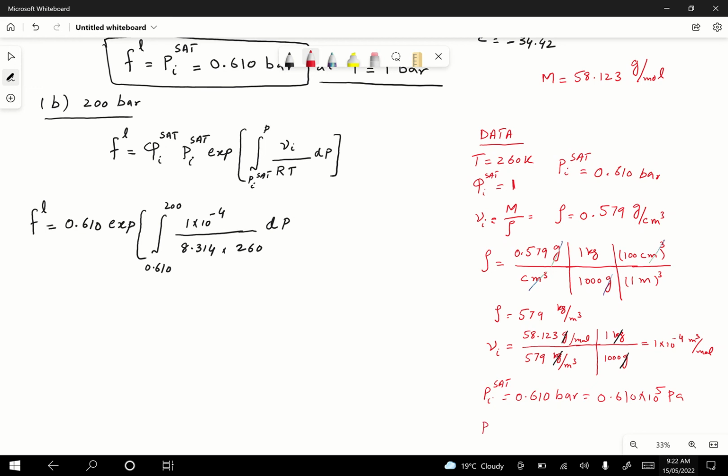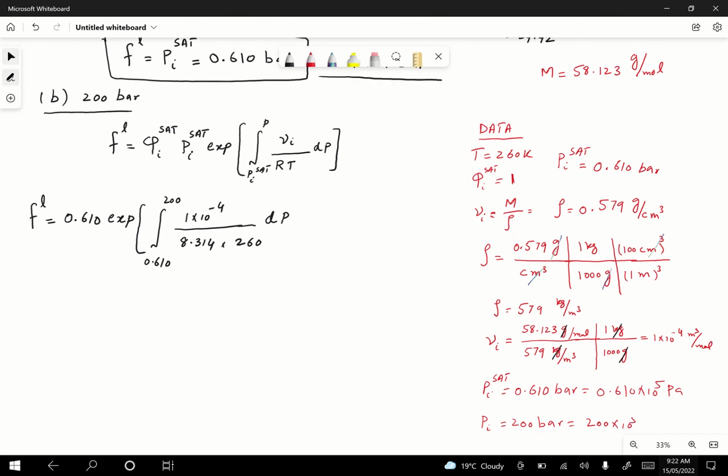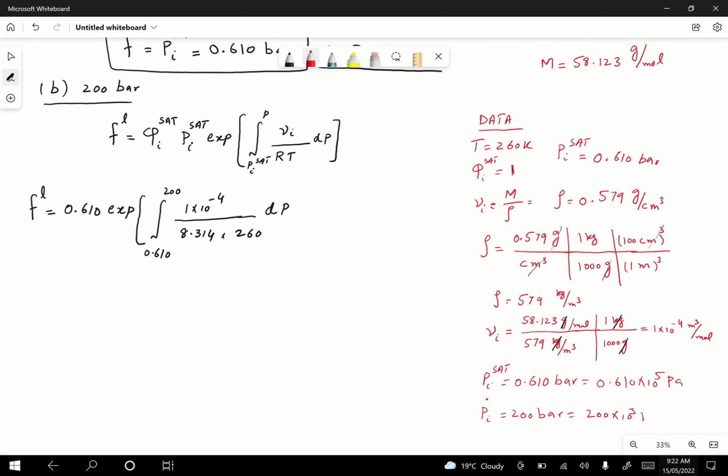And similarly, this pressure, 200 bar, is equal to 200 multiplied by 10 to raise power 5 Pascal, because 1 bar is equal to 10 to raise power 5 Pascal. Because this pressure is in bar, and at the bottom we have kilojoule over kilomole Kelvin, we want some cancellation here. So that's why we did all these conversions.